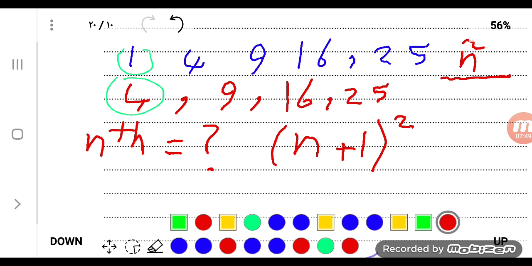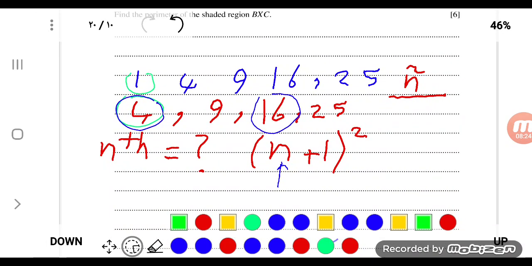If you plug in 1 here, 1 plus 1 you get 2, squared you get 4, correct? If you plug in 2 for n, 2 plus 1 you get 3, squared you get 9, it's correct. If you plug in 3 for n, 3 plus 1 is 4, squared you get 16, correct? So that is the nth term of the second sequence.